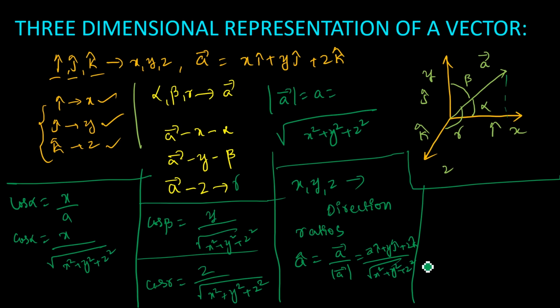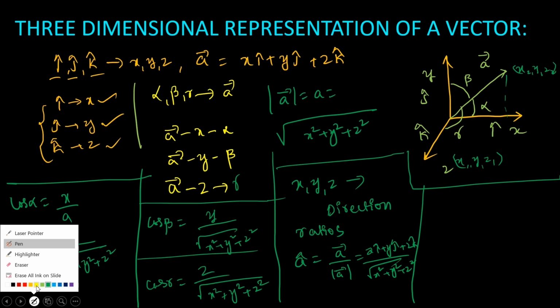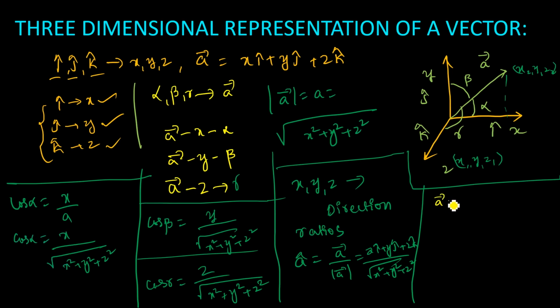If the vector starts at a point x1, y1, z1 and ends at the point x2, y2, z2, then we can write vector A bar equal to x2 minus x1 i cap plus y2 minus y1 j cap plus z2 minus z1 k cap. Like this we will write.